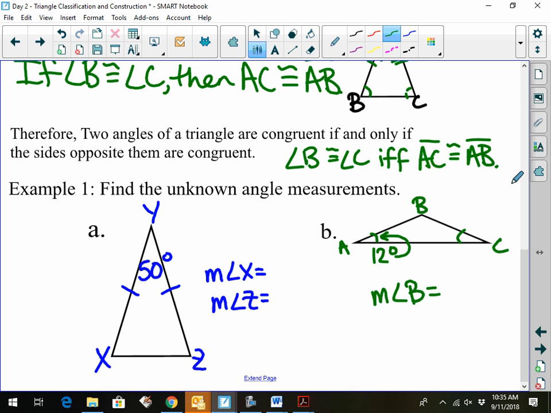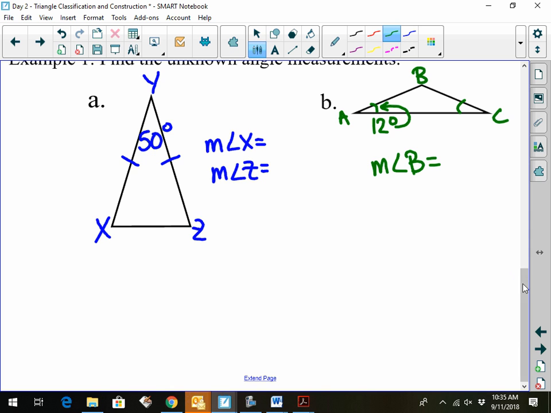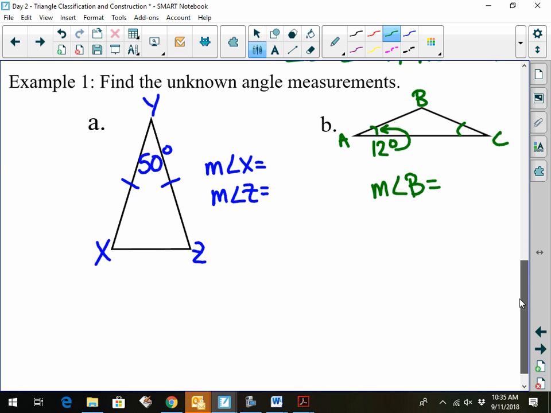So example 1, find the unknown angle measurement. So in part A here, we have this image and we're looking for the measure of angle X and the measure of angle Z. This is a Z here. So if this is 50 degrees, then we know that these sides are congruent. We have an isosceles triangle.